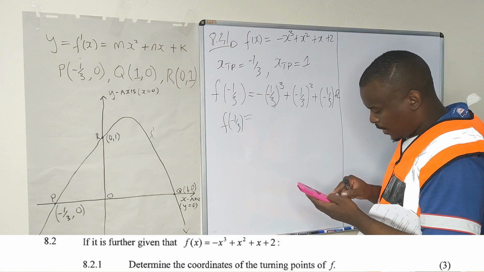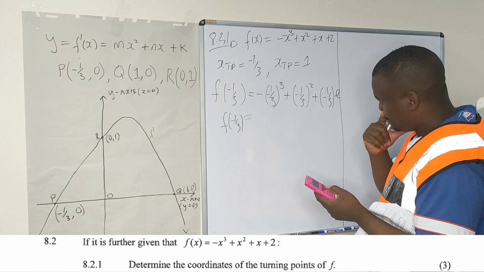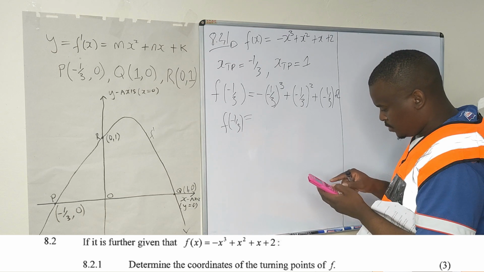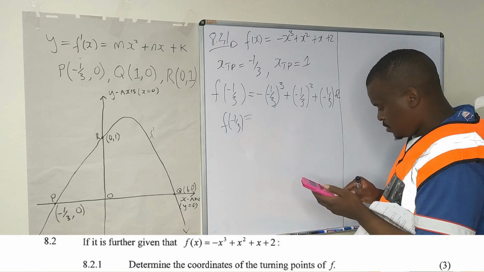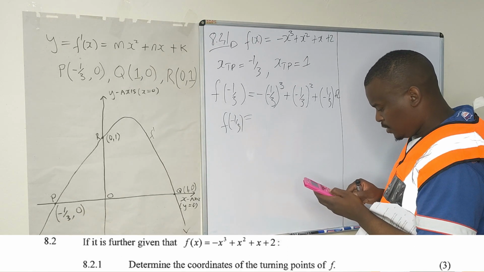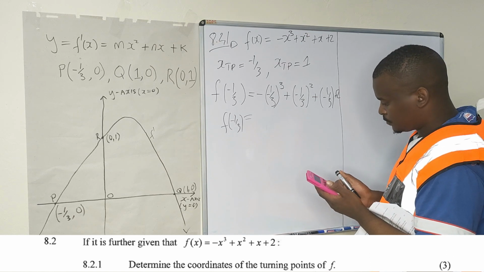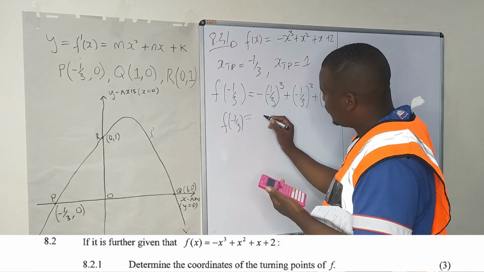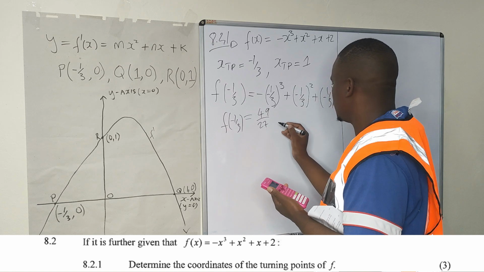So -1/3 cubed plus -1/3 squared plus -1/3 plus 2. You will find that your corresponding y value is 49/27, right?